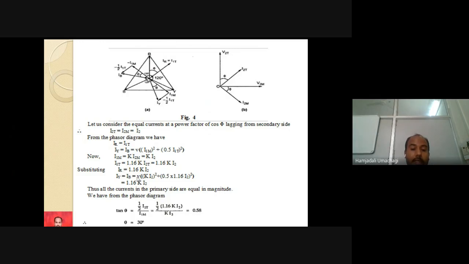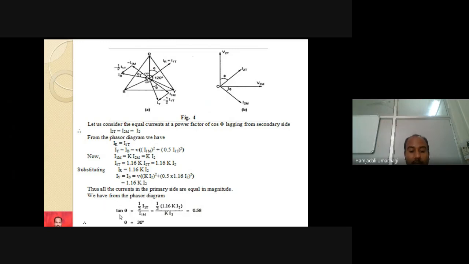Because the input side currents IR, IY, IB all have the same expression, the three-phase side is also balanced. This is the meaning. Thus all the currents in the primary side are equal in magnitude.